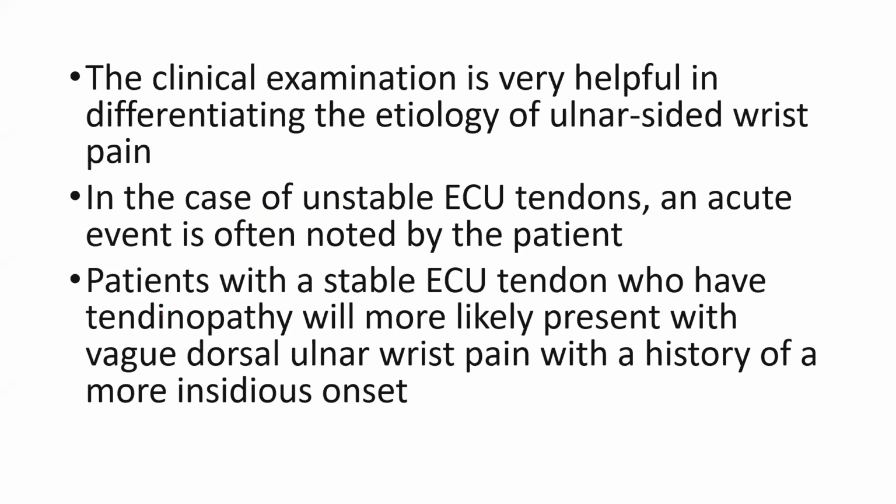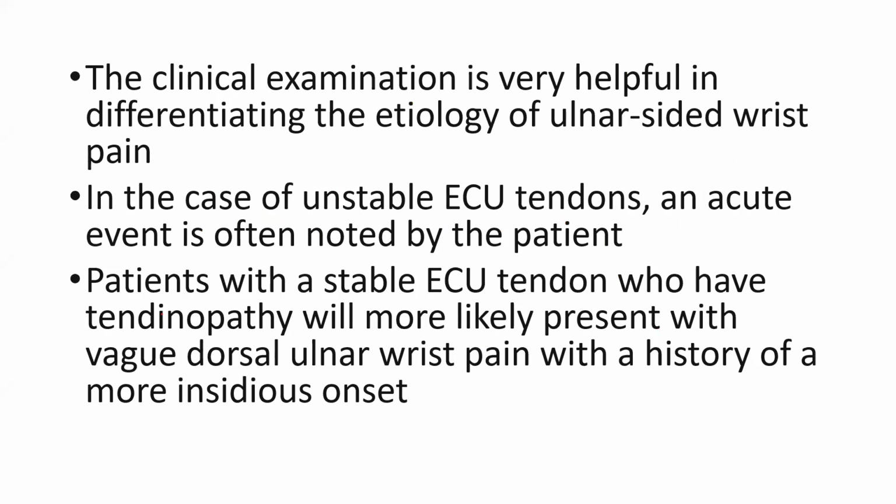What about the diagnosis? I spoke so much about the extensor carpi ulnaris pathology, subluxation, rupture of the sheath, tendon ruptures. Now we want to examine the patient. The clinical examination is very helpful in differentiating the etiology of ulnar-sided wrist pain.